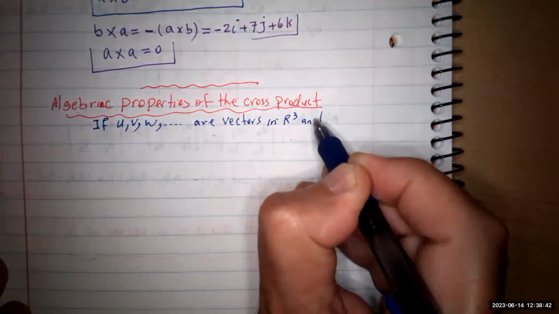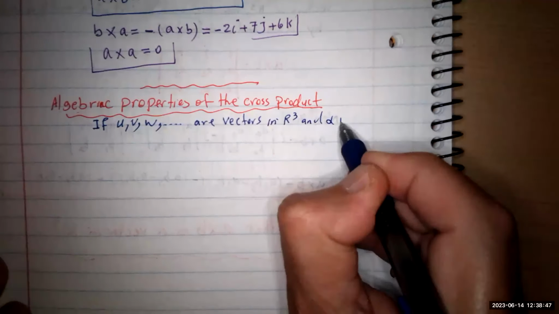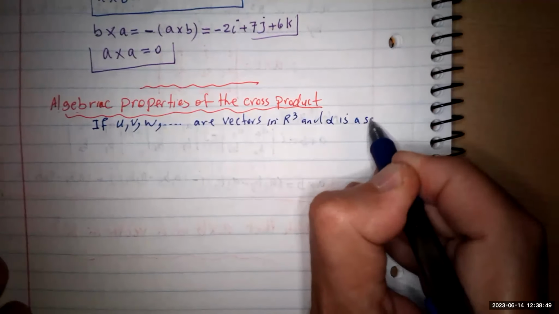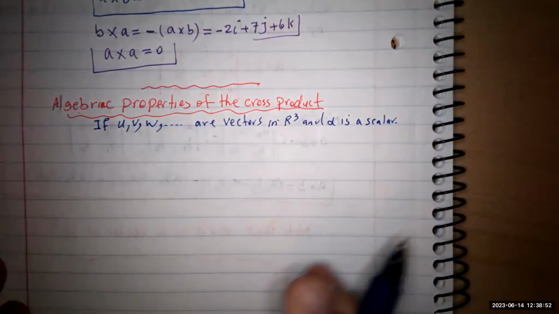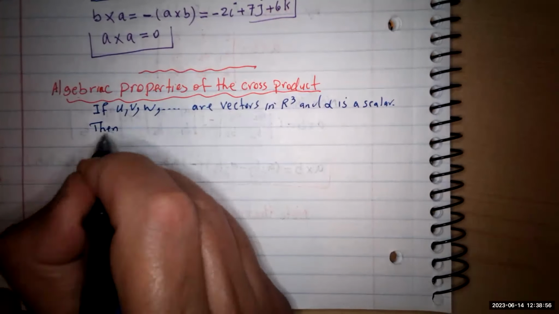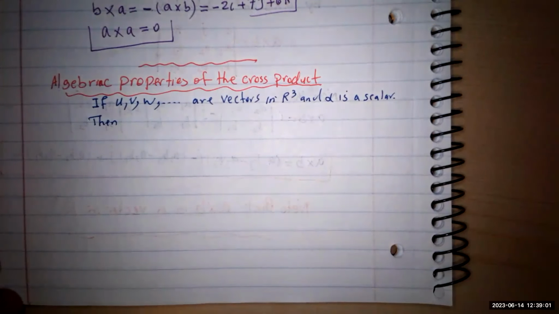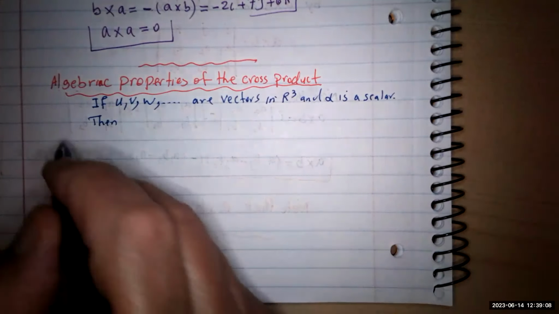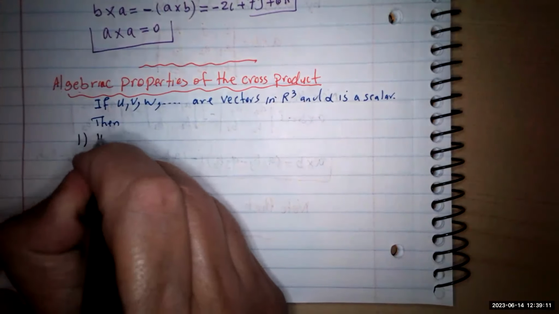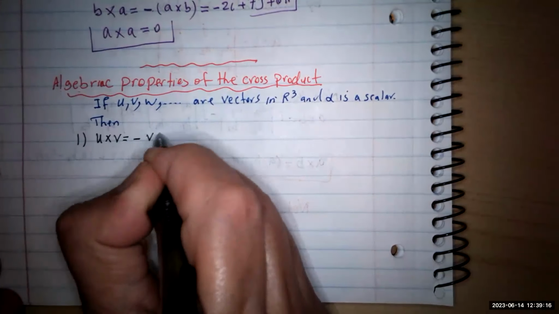And as usual, if I use alpha, beta, alpha is a number, a scalar, then we can have the following properties. The first one is the one that we already talked about. It's not commutative: U cross V, if you switch it, is negative V cross U.